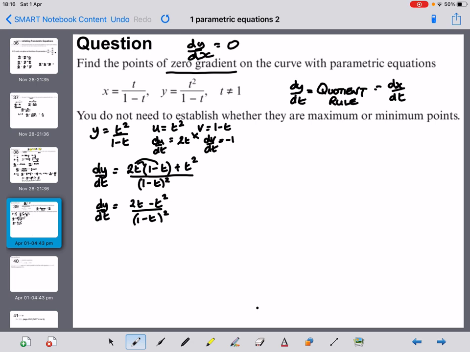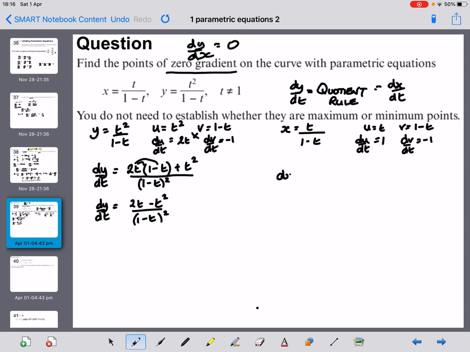Now I'm going to need to do the same for x. t over 1 minus t, so I'm going to let u equal t, v equals 1 minus t, du by dt is 1, dv by dt is minus 1.